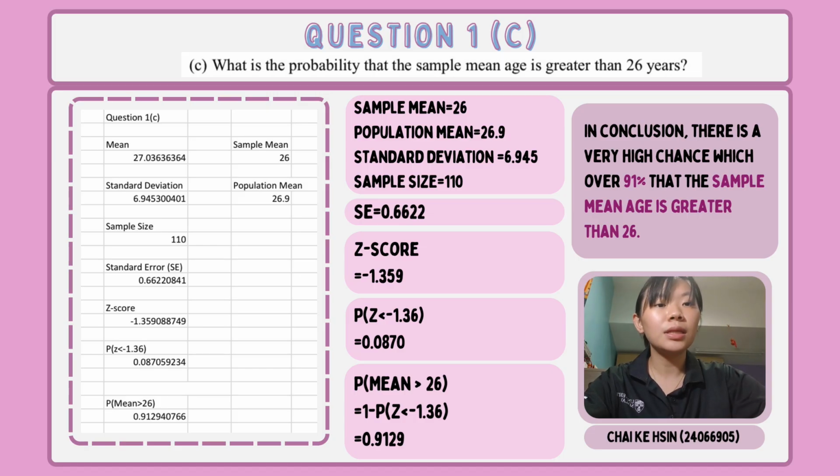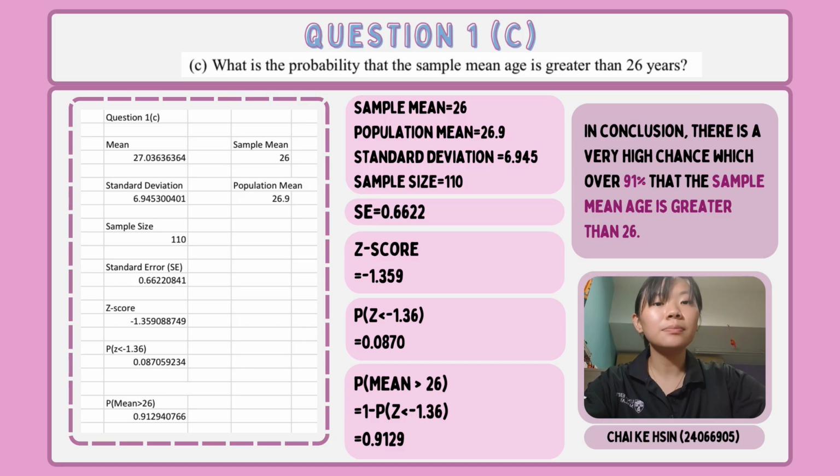From this, we calculate the standard error using standard deviation divided by the square root of sample size, and I get 0.6622. Next, using the formula for z-score, sample mean 26 minus population mean 26.9 divided by the standard error 0.6622, I get negative 1.359 for the z-score.